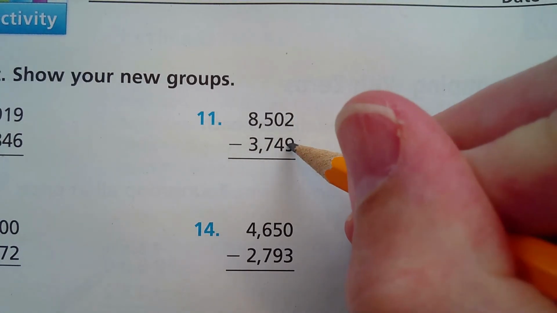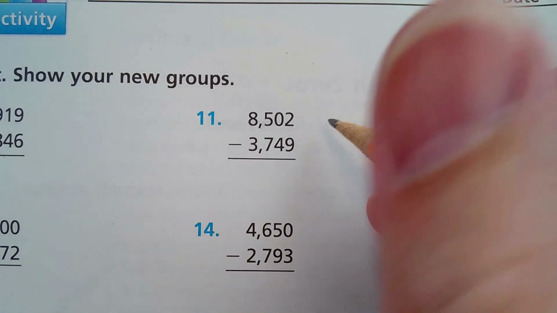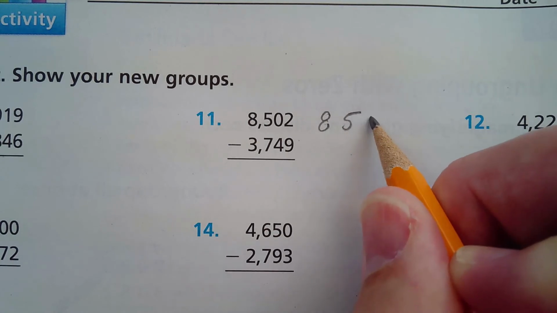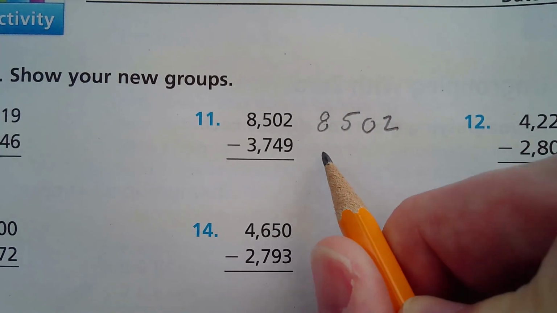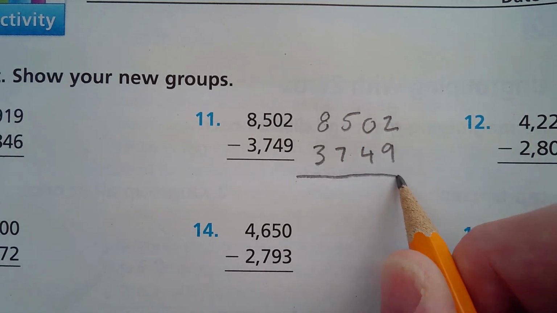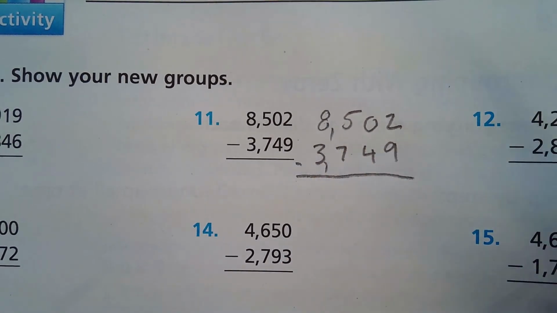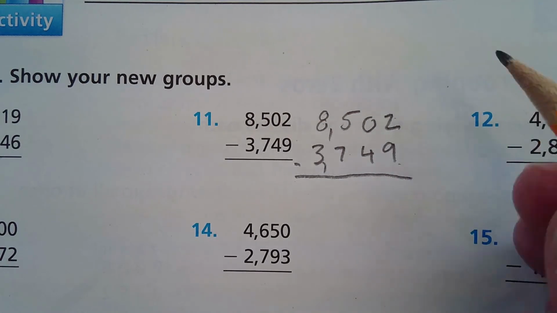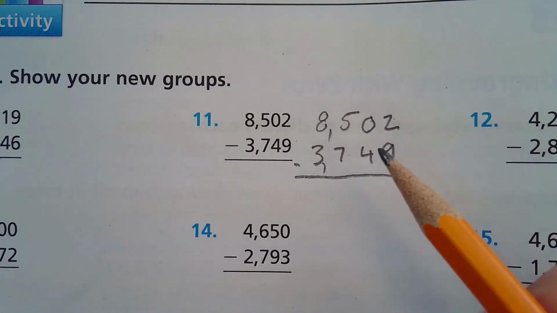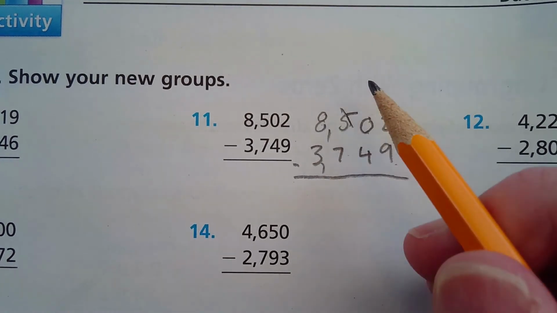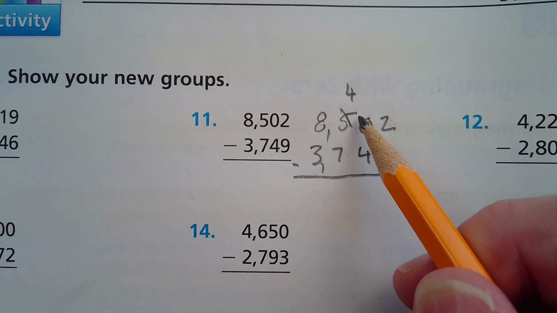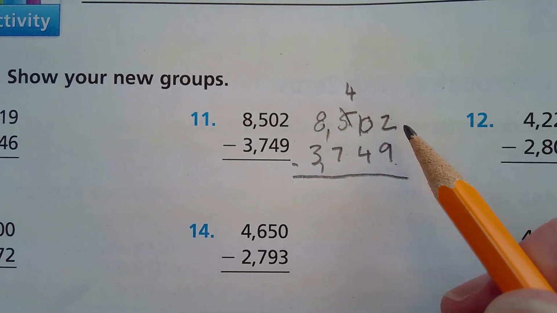2 take away 9, obviously, no can do. Let me rewrite this real quick. 8, 5, 0, 2, 3, 7, 4, 9. So again, 9 take away 2, not possible. So I go next door. The 0 doesn't have any to share. So we go all the way to the 5 to regroup, or ungroup, right? 5 becomes a 4, and now this can become a 10.